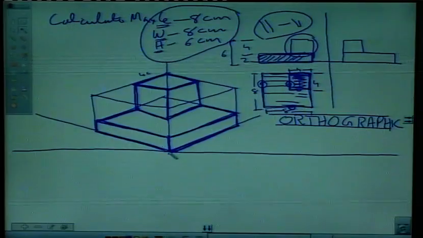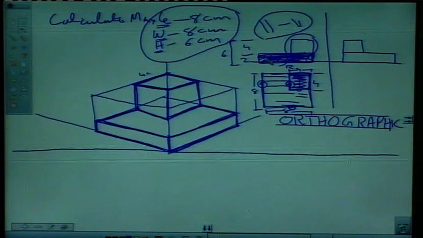What we are seeing is, first say this is the elevation. In elevation we are seeing this rectangle. Say the name of this rectangle is R1. Its height is 2 centimeter and length is 8. So this is R1.